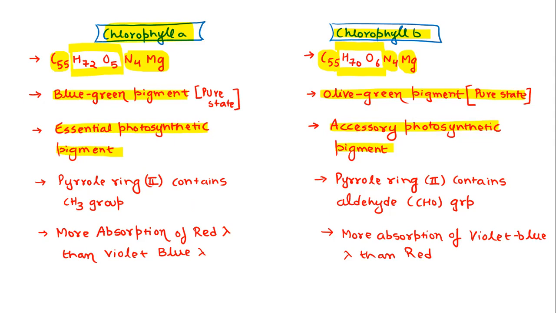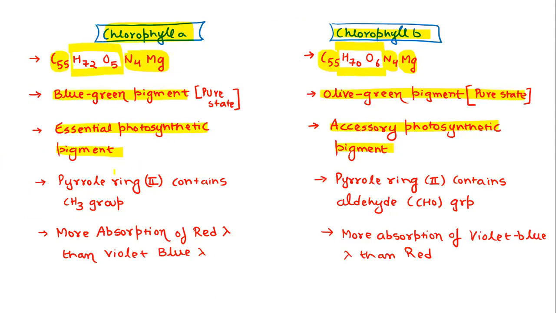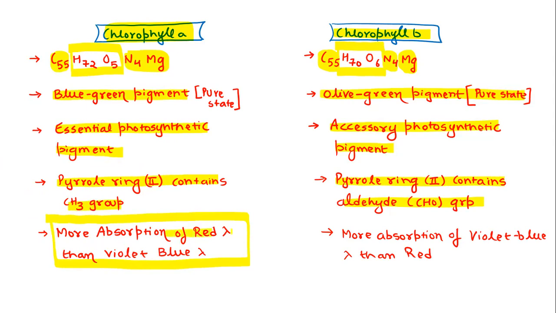As discussed in the previous structural figure, if ring number 2 contains CH3, then it is chlorophyll A, and if it is a CHO, then it is chlorophyll B, right? So pyrrole ring number 2 contains a CH3 group in chlorophyll A, while pyrrole ring number 2 contains an aldehyde group or CHO group in chlorophyll B. Now, this last point can also be considered very important information for the examination: chlorophyll A shows stronger absorption in the red wavelength than the violet-blue wavelength, while chlorophyll B shows the reverse of that.